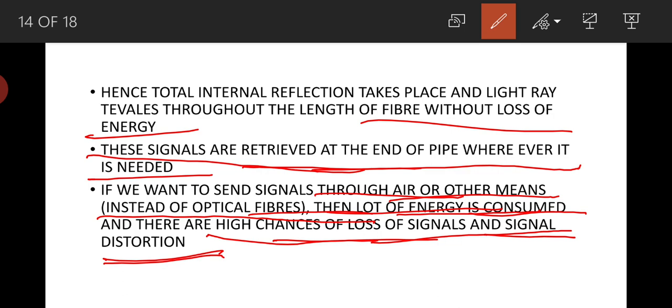So this is because of signal distortion. This type of case occurs when signals are transmitted through air, whereas if the signals are transmitted through the optical fiber, there is no chance of loss of signal at all, and there will be very good quality and clarity in the signal.